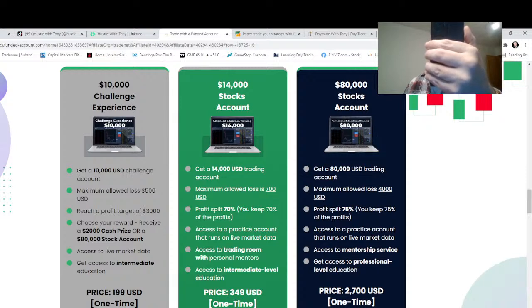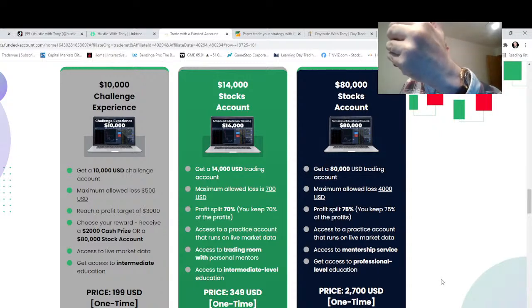What that means is it's not $700 a day, it's $700 total. So your minimum account value cannot go lower than 13,300. As long as your account is above 14,000 and consistently stays above 14,000, you can trade and share the profits with these guys. And that's going to cost you 350 bucks. So that's a way to trade with a $14,000 account.